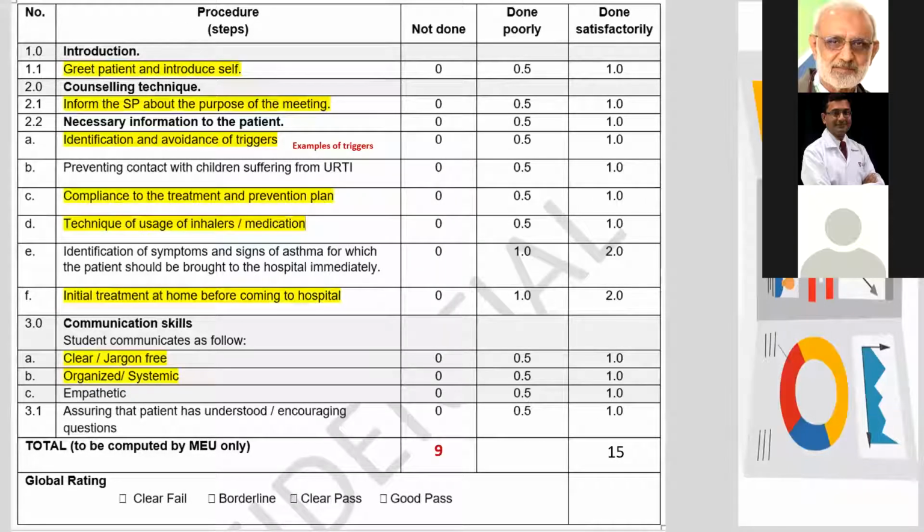And after that, with discussion, they may come up to a consensus statement which they think a minimally competent candidate will fulfill. In this way, if you see, out of a total score of 15, a minimally competent candidate would be required to achieve 9 out of these 15 marks.